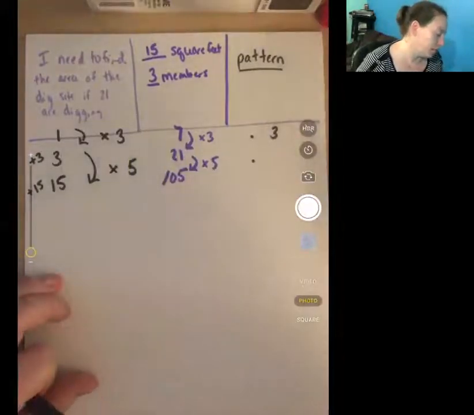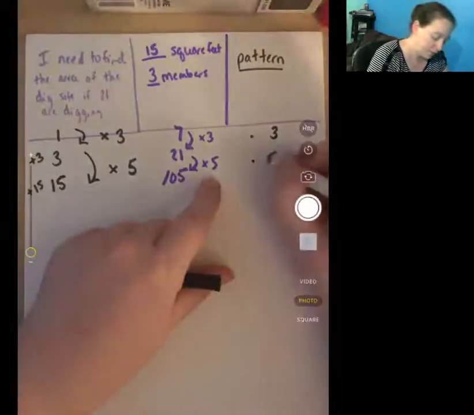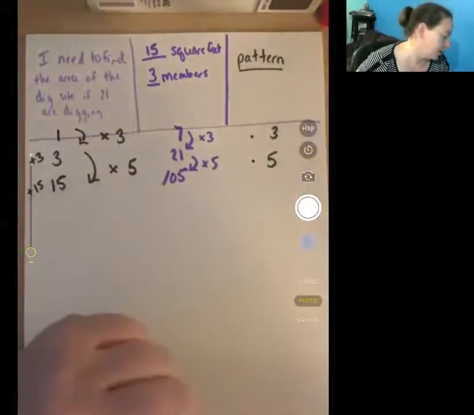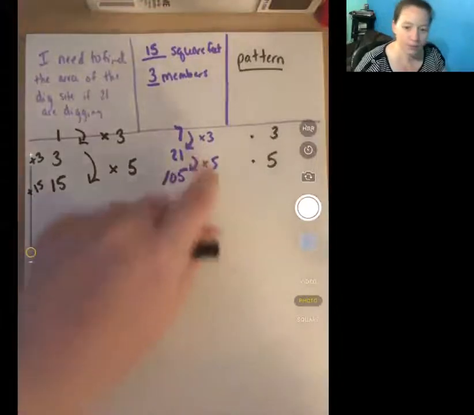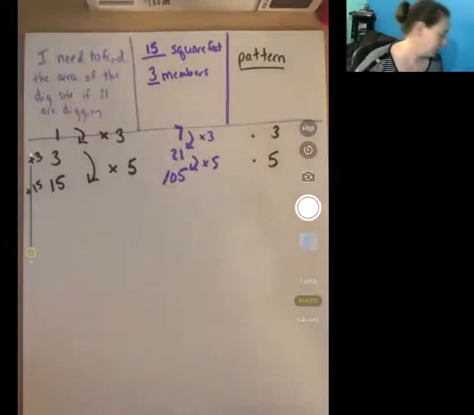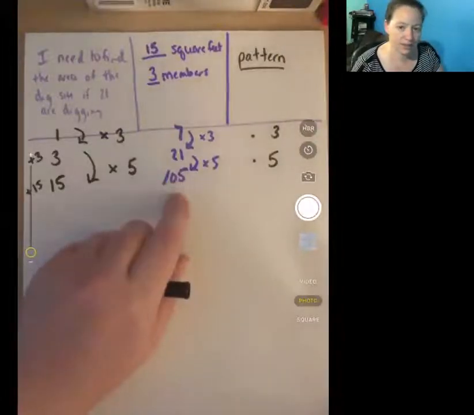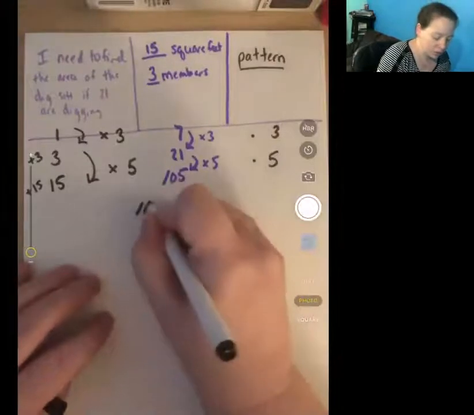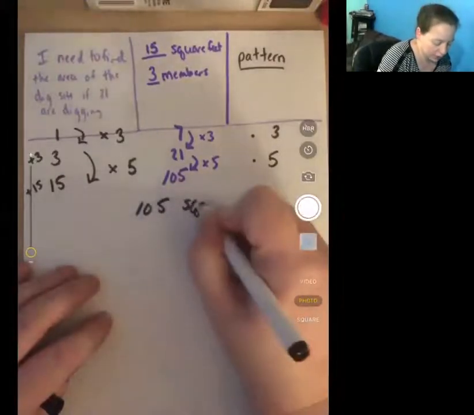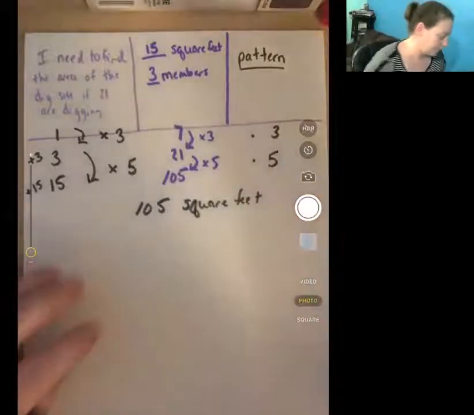Multiply the number of members by 5 to find the total area. Here's 5, here's 5, not a problem. So the area for the dig site of 21 members digging is 105 square feet. Okay?